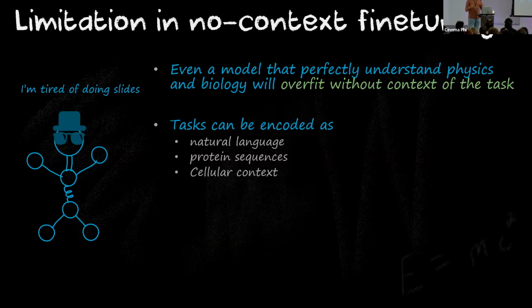In that specific case, you can imagine that a perfect model would perform almost perfectly, considering the noise that still exists in the data, because it has a context of the task.